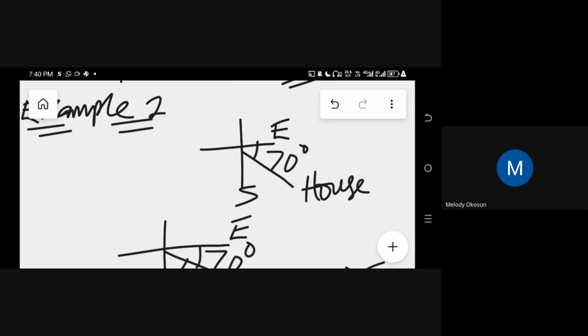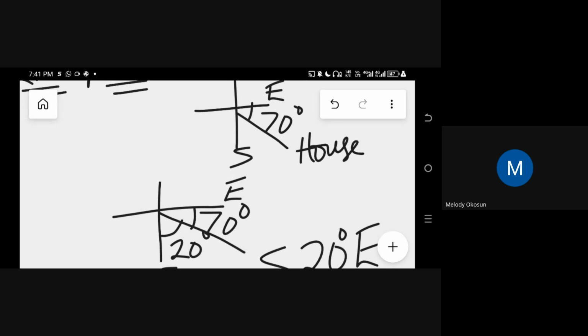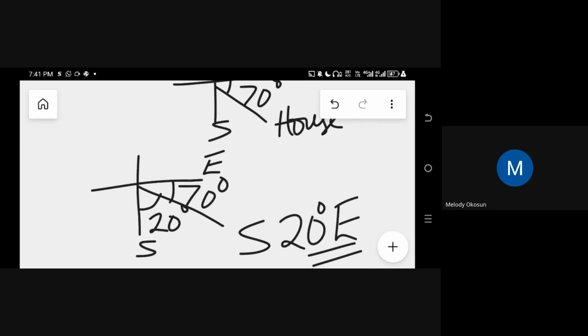It has to be southeast. So you now have to look for that balance that can touch the south so that you can say south so and so degrees east. And that balance happens to be 20 degrees. So our actual result is south 20 degrees east.